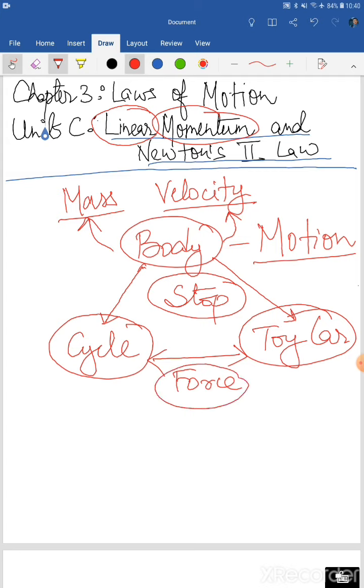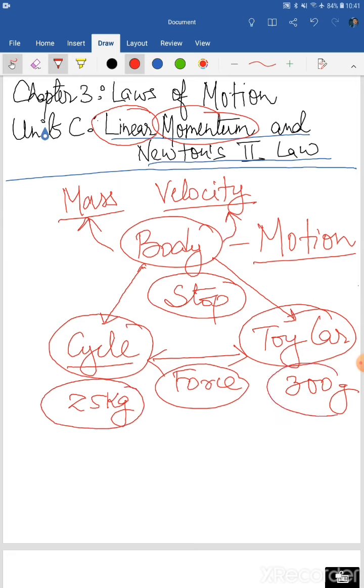Now, suppose the mass of the cycle is 25 kilogram, whereas the mass of a toy car is say 300 gram. Understand? So here you see that the cycle will have more inertia as compared to the toy car.